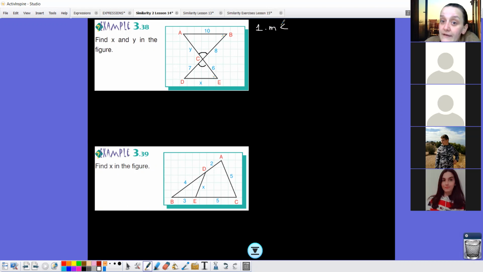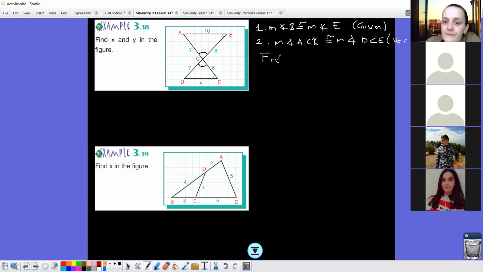Measure of angle B is congruent to measure of angle E, it's given. And the second one, measure of angle ACB is equal to measure of angle DCE, because they are vertical angles.